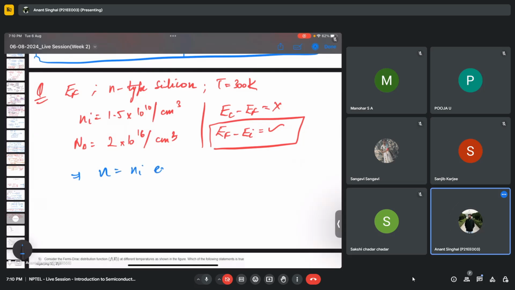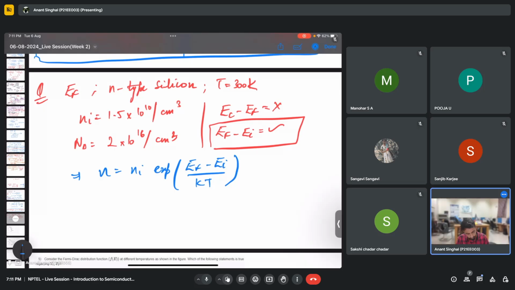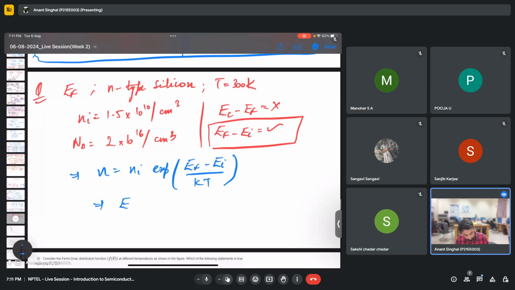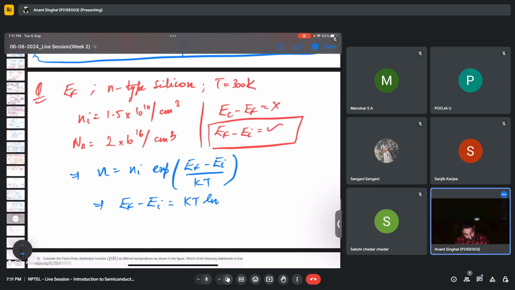So we need to calculate EF minus EI this time. So we'll use this formula. If I write EF minus EI directly, this will be KT ln N over Ni, which will be KT ln Nd over Ni, because this is an N-type silicon.